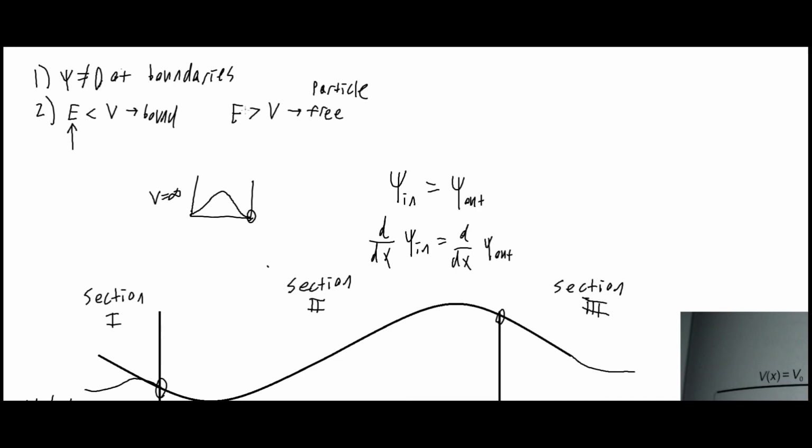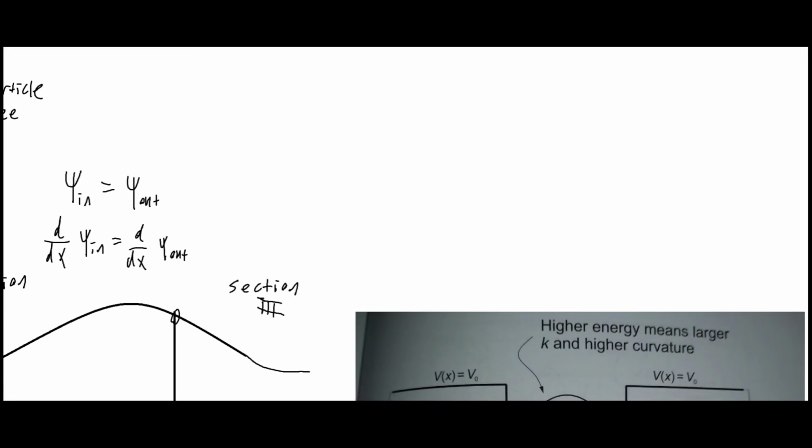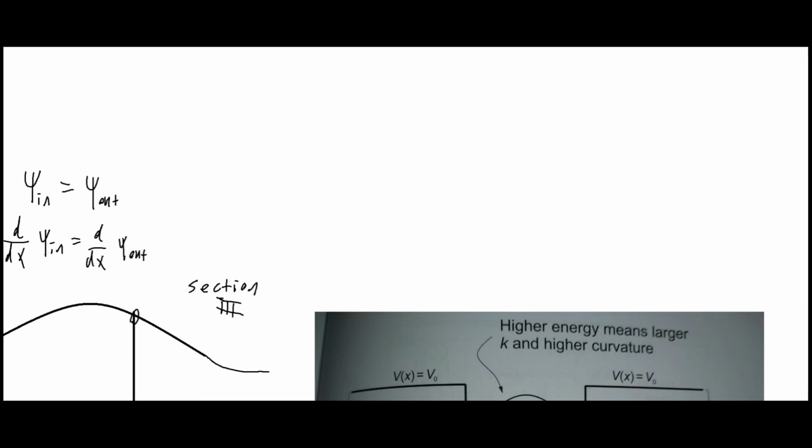If it's above, then the particle becomes free. In the next video, I am going to go into the somewhat more realistic, but still not realistic, because we're still talking in one dimension, what's called the harmonic oscillator.